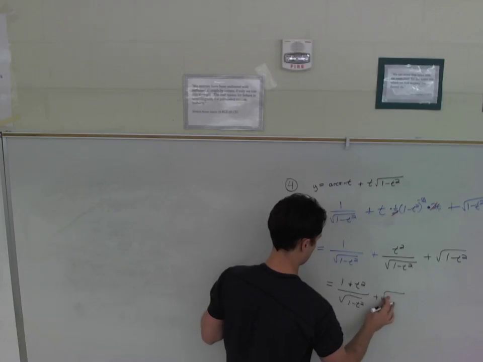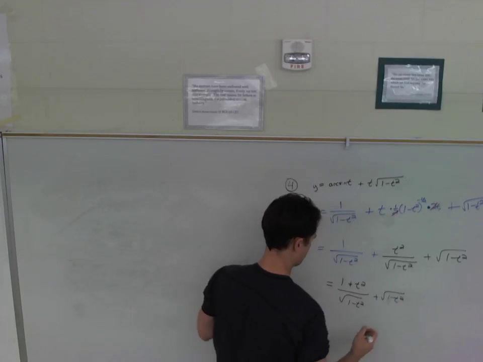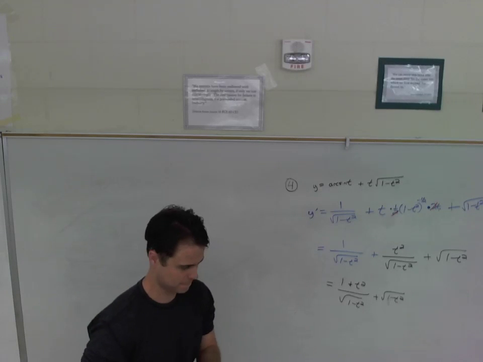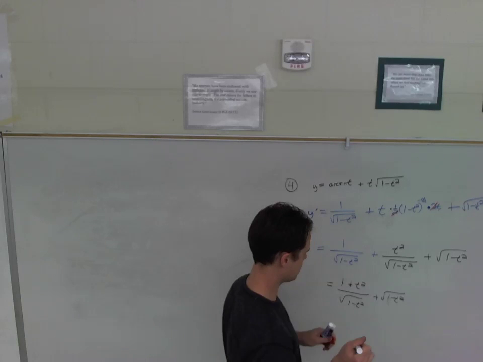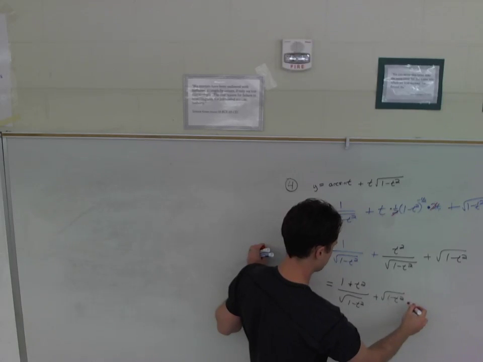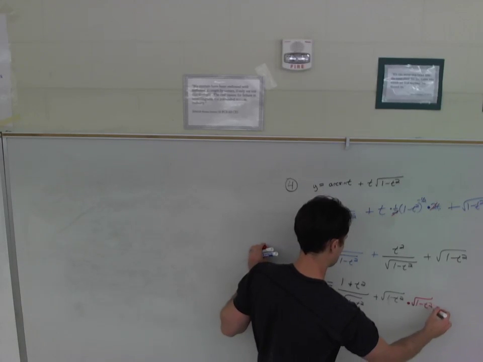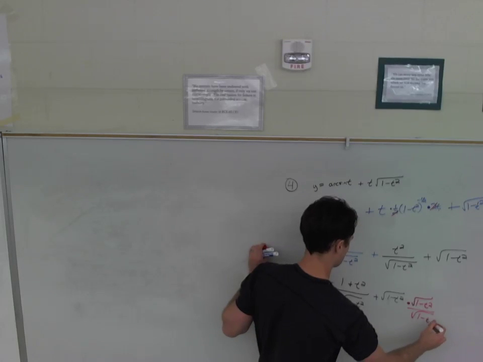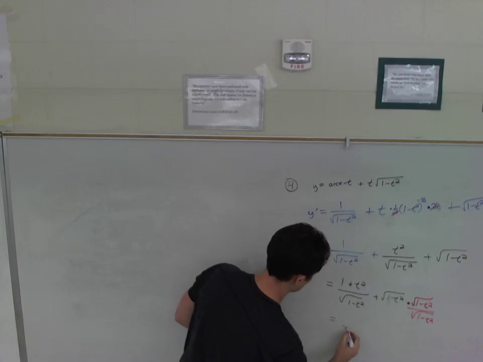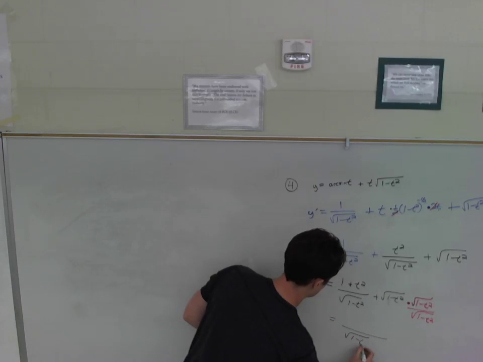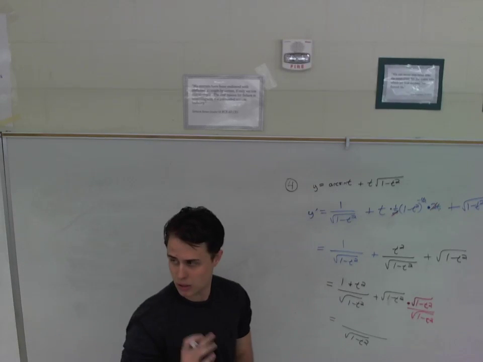And on that thing, you can multiply by 1, like root 1 minus t squared over root 1 minus t squared. Thank you, Mr. Bordino. Mr. Bordino is saying it'd be so nice if we just had this over here. Because then what's going to happen? Watch how simple this is going to get.